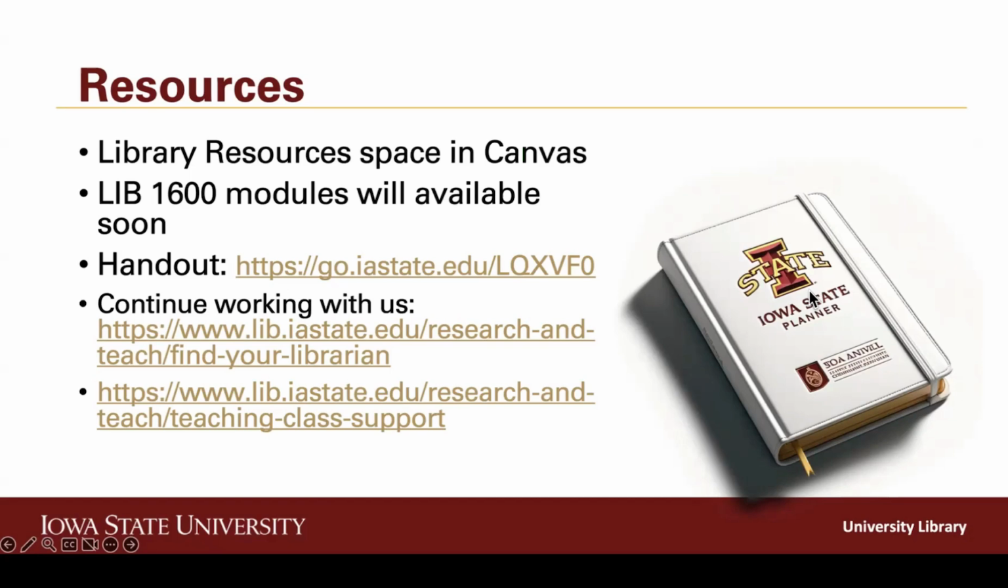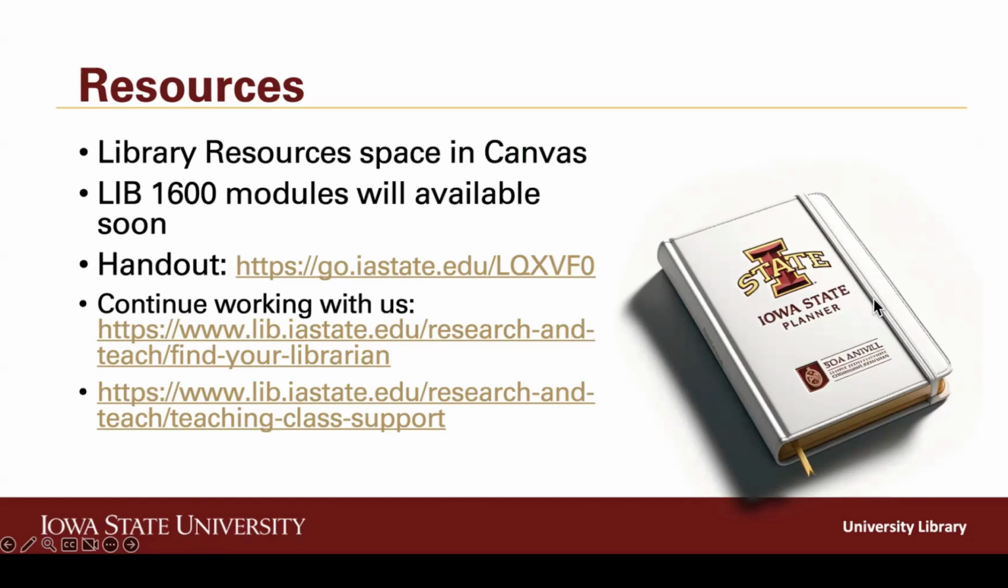By enabling this, you will see on your Canvas course-level navigation a link created called Library Resources, and that page will be populated with the article databases that are relevant to your subject areas. And if librarians developed any research guides in your subject areas, those will also be populated on that page.